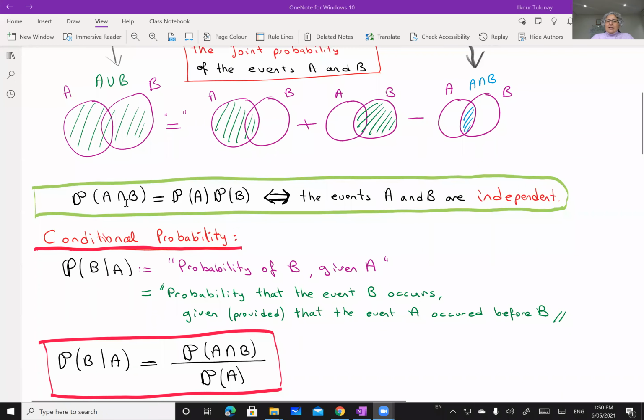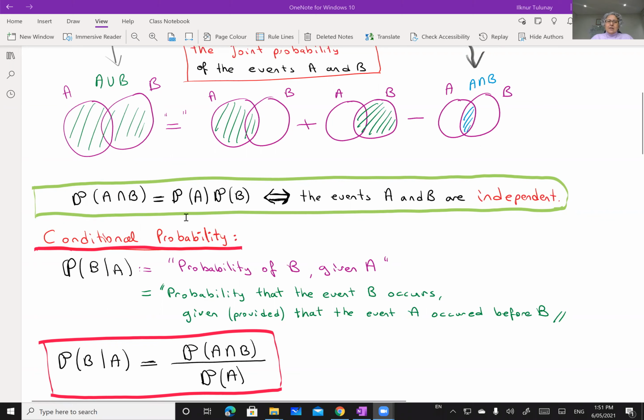Let's consider this for a few minutes to observe the definition. The probability of A event and B event occurring at the same time is equal to the probability of A times the probability of B. This happens if and only if the occurrence of A and the occurrence of B are independent. If the occurrence of A and the occurrence of B do not affect each other, then we will have exactly the intersection probability.